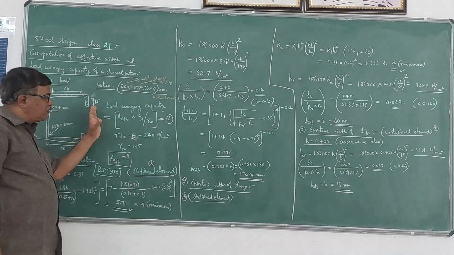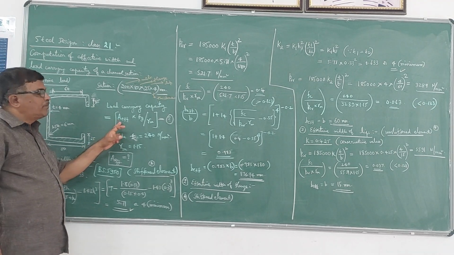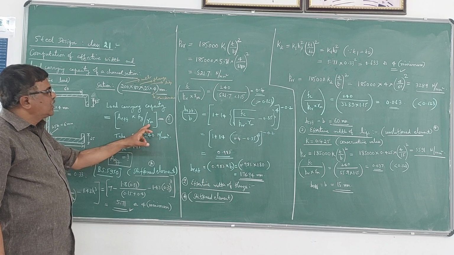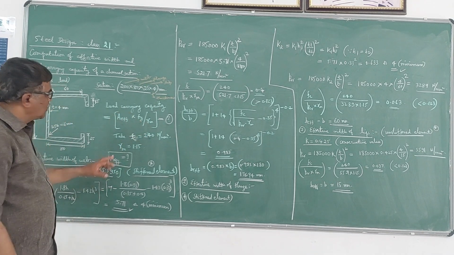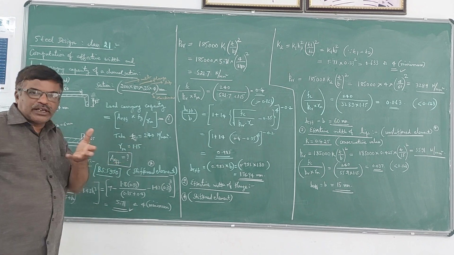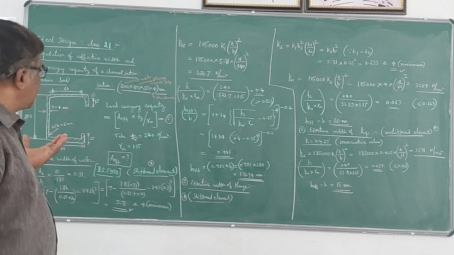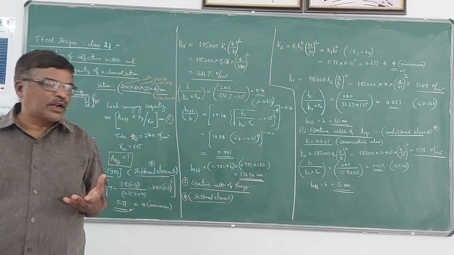Now if you want to find out the load carrying capacity, the formula is effective area multiplied by Fy divided by gamma m, or Fy, or you can take it as Fc also. In the case of cold formed sections, the value of Fc varies from 230 to 280 Newton per mm square.